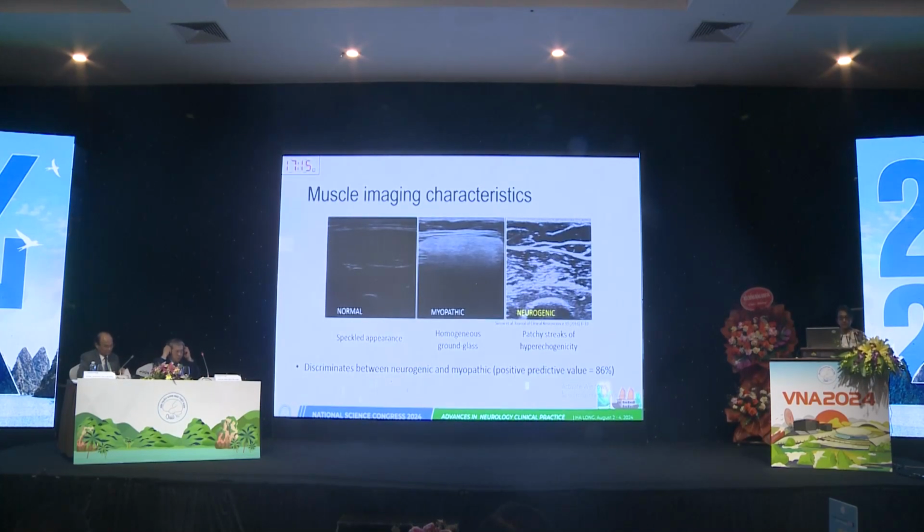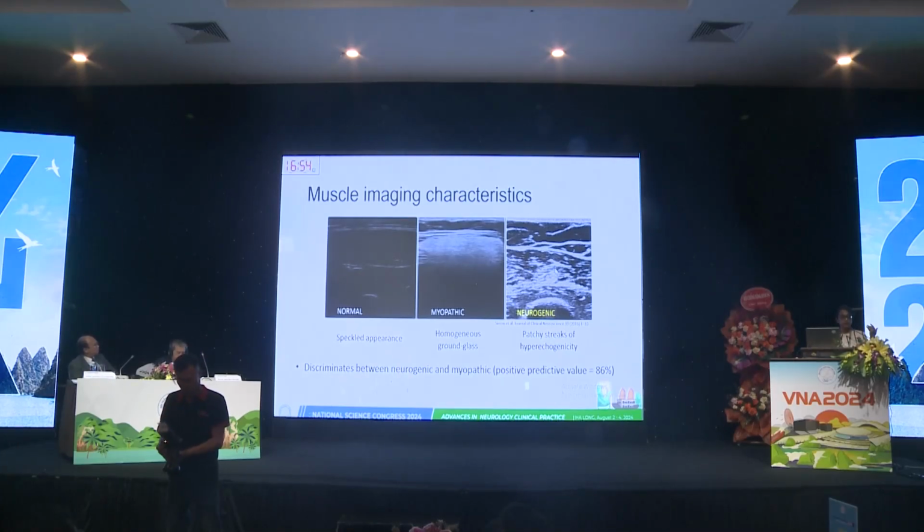As for muscle, muscle tends to look very dark, very black, when it's in a normal person. But when you have a primary muscle problem, you find that all of the muscle might start looking white because you get that fatty change.